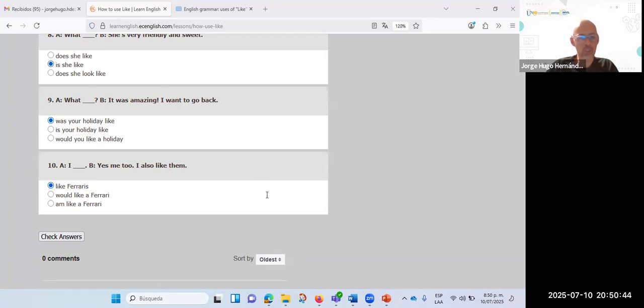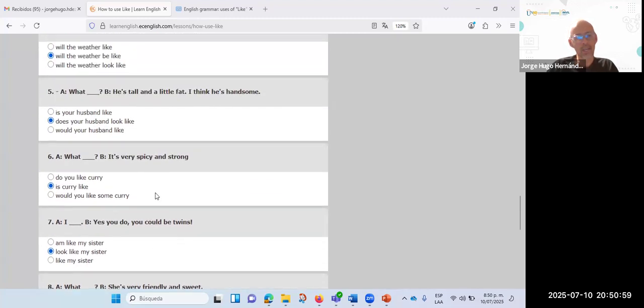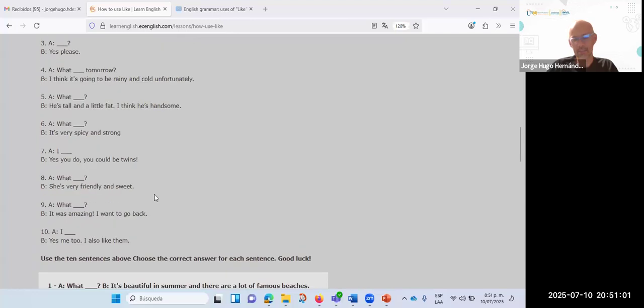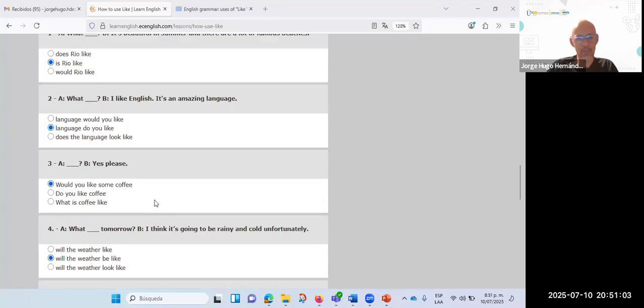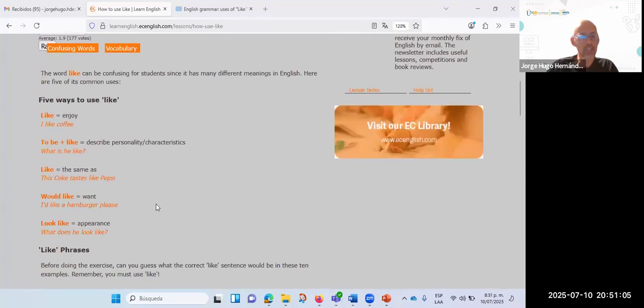So, as you could see in this exercise today, this "like" that we usually use like "enjoy", when we are going to say that something likes, okay, has different meanings, and it's important to take that into account. Remember, like enjoy, to be like, to describe personality or characteristics, likes, only like, as, no?